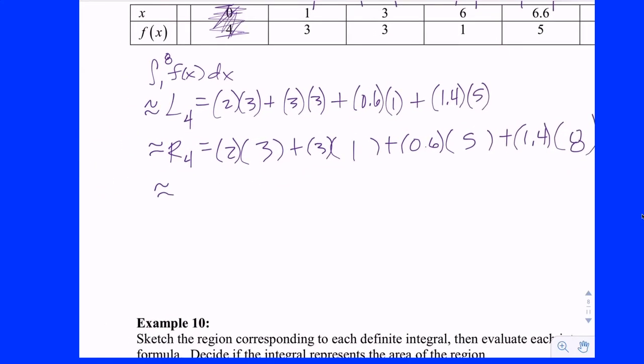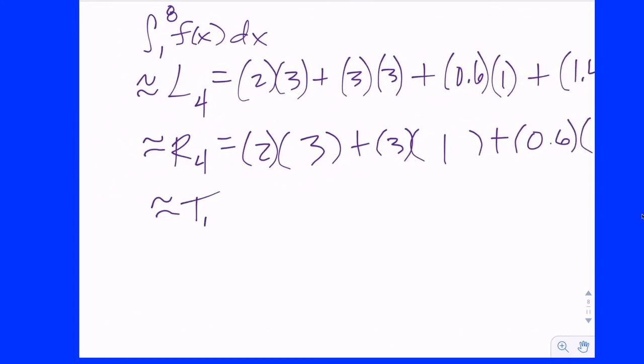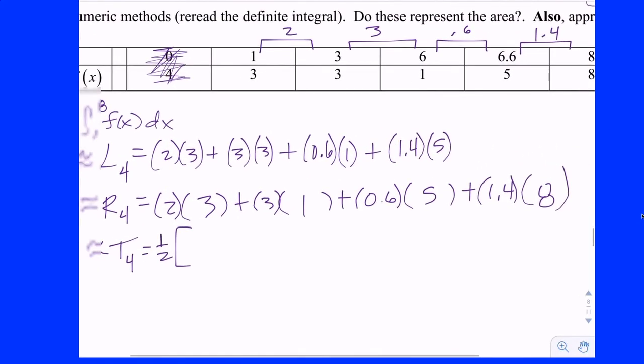But I will try a trapezoidal approximation. What can always come out front for the trapezoidal approximation? Always 1/2. But now, since I can't factor out the delta x, it's just going to be the width, 2 times the sum of the two values. Okay, remember it uses the one on the left and right. 3 plus 3, is that 6? It is 6. Do I want to call it 6?